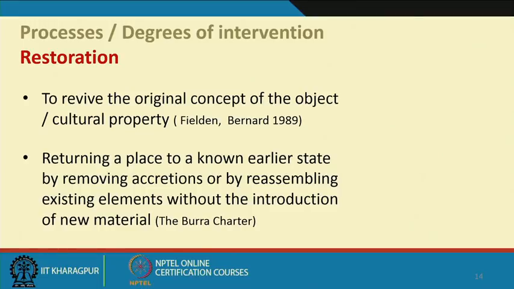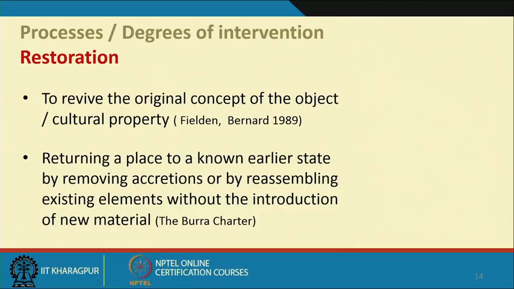One has to understand what it talks about. We will try to explain that through some examples. As I say, there is a basic difference between these two approaches. I generally always say that restoration means reviving the original concept of the object. So, let us see what it means.